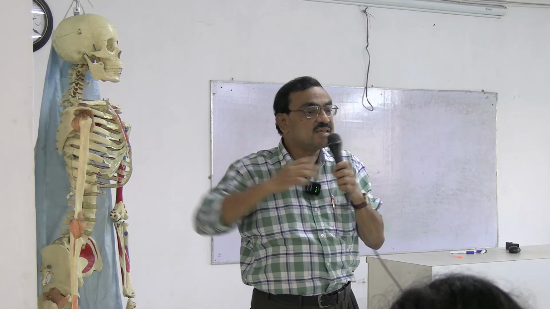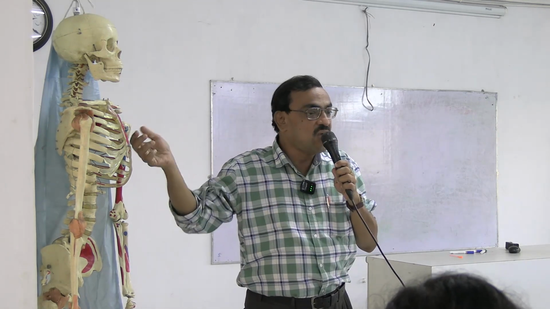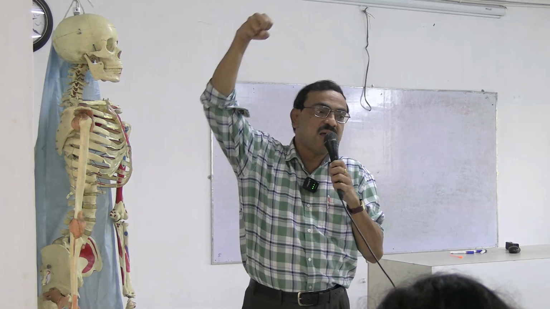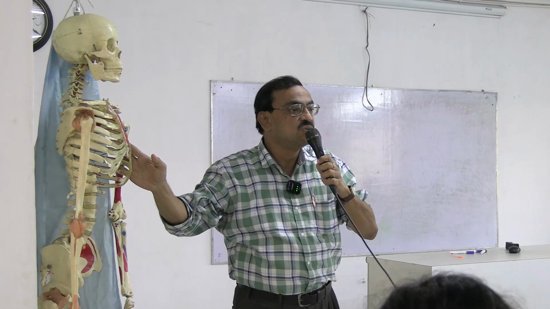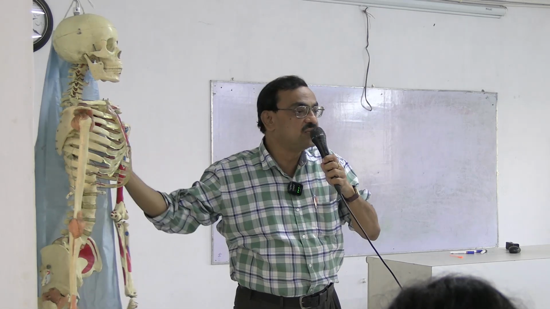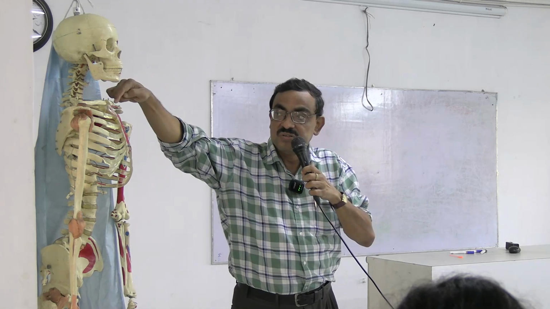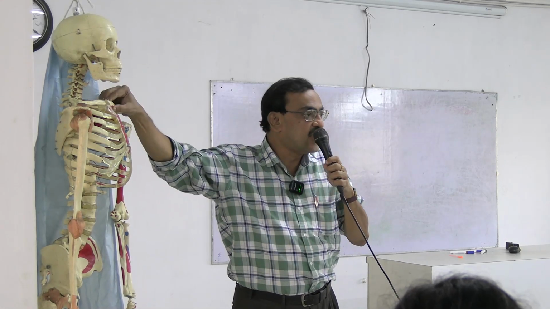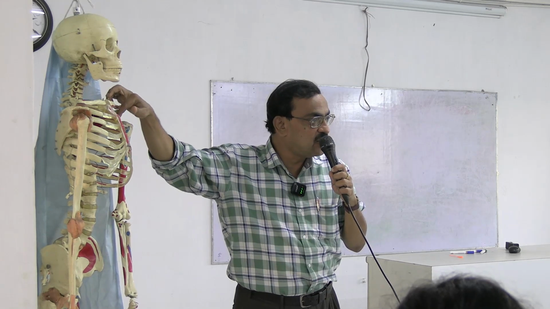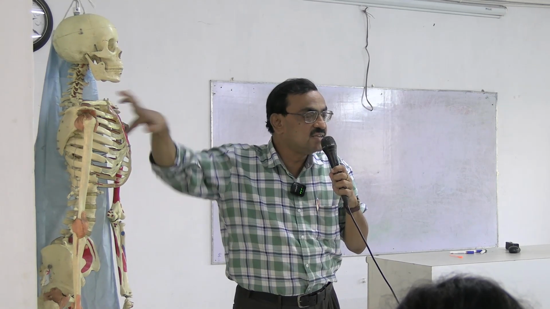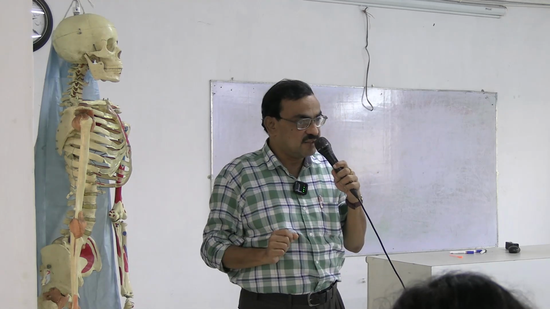So it maintains the concavity of our axilla, or it actually suspends or holds the axillary fascia, which is present in the axilla. So this clavipectoral fascia is first attached to the clavicle, then it covers the pectoralis minor, then it goes towards the axilla. It is known as the suspensory ligament of the axilla.